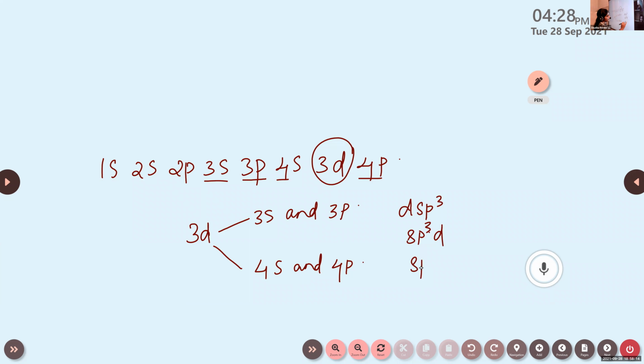For each hybridization type, there are specific shapes for the molecules. You should learn these shapes and their hybridization.